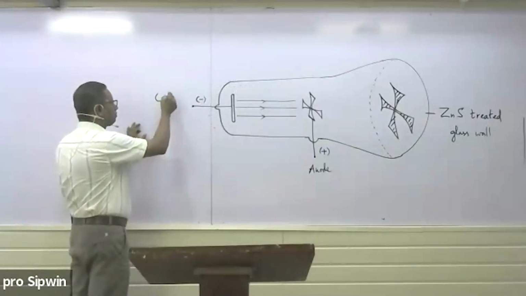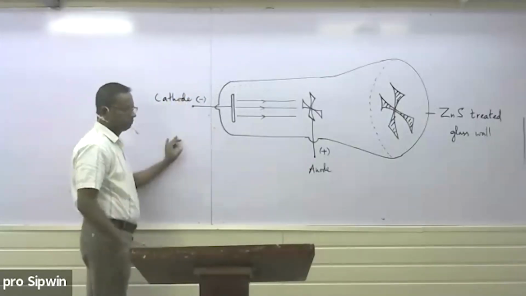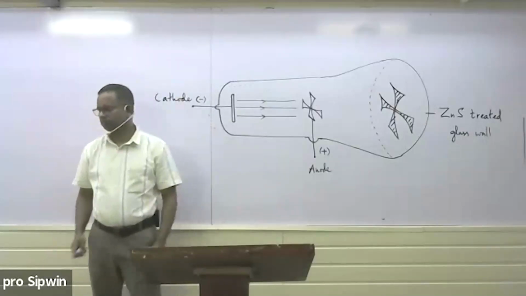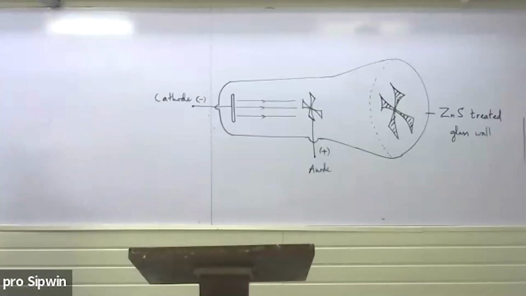This one is the cathode. Label the things: anode, cathode, zinc sulfide treated glass wall.